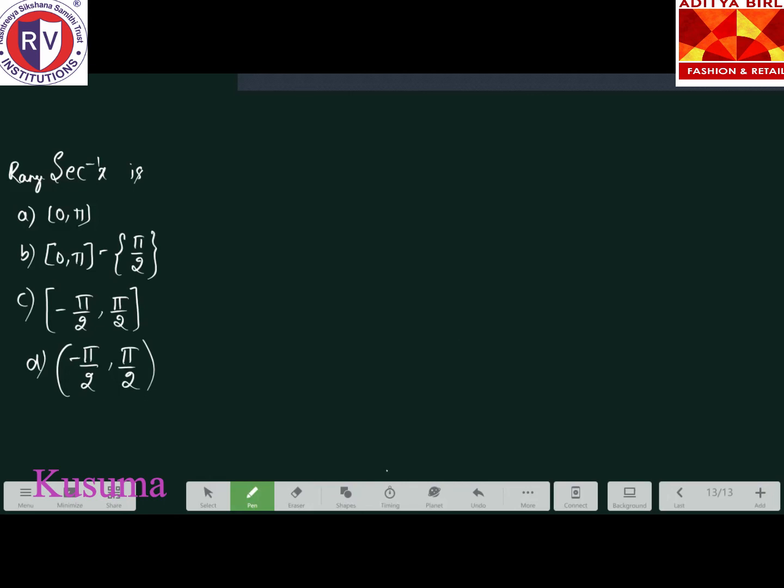Because secant inverse x is not defined at x is equal to pi by 2. That is the reason pi by 2 will not be a point in the range of secant inverse x. So the answer will be option B.